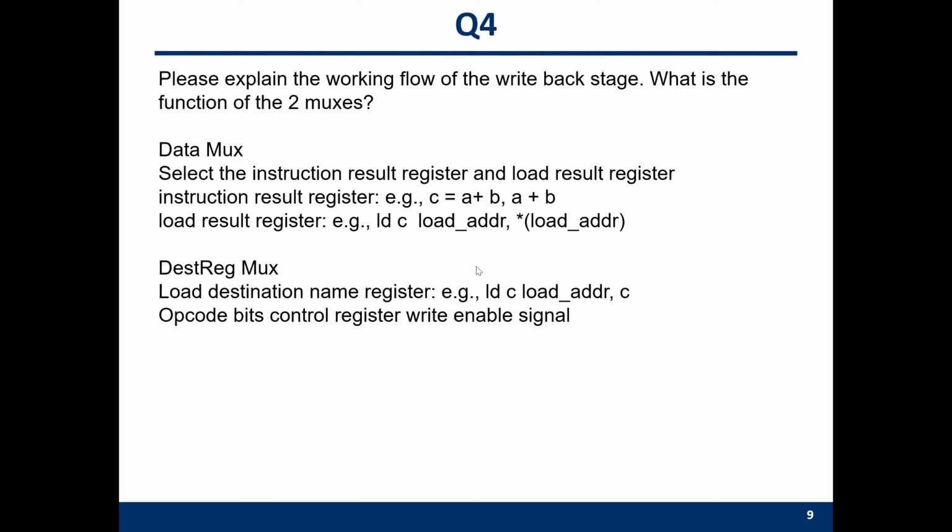It distinguishes the load instruction from the write-to-memory instruction. Write back is needed only for the load instruction, but you don't need a write back for the store instruction. This mask can help you to generate the write enable for the register file.